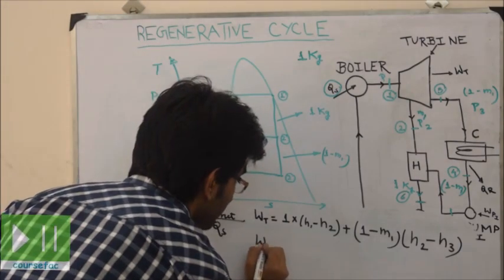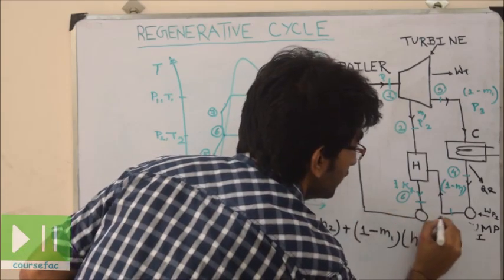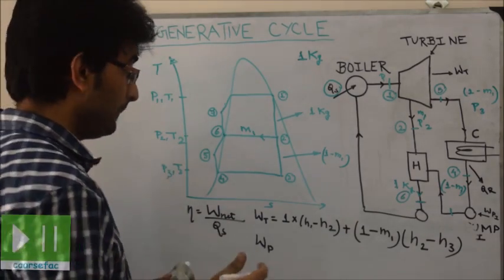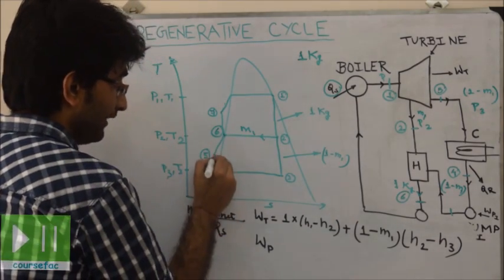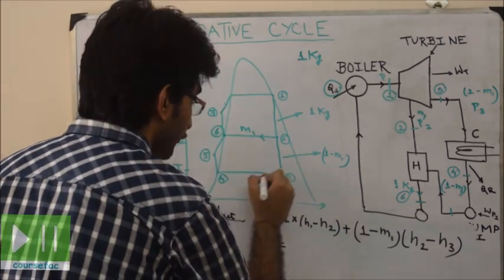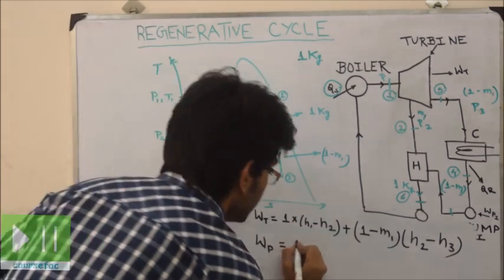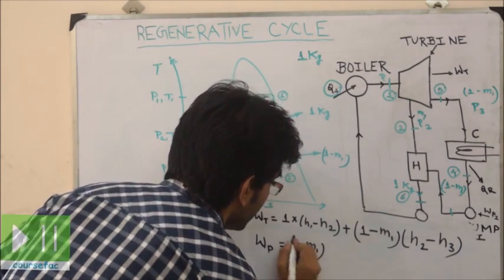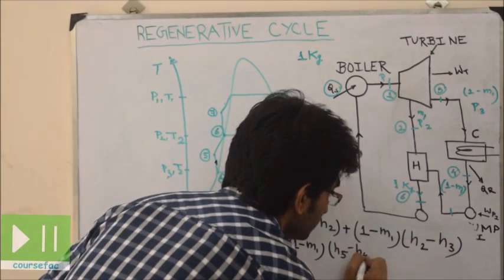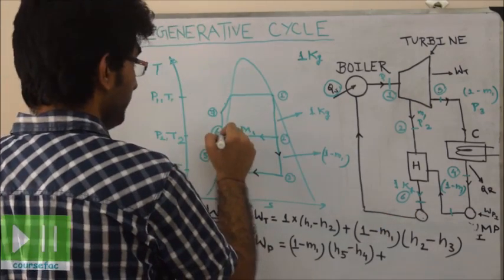Now work done by pump, we have two pumps, pump 1 here and another pump, pump 2 here. So work done by pump is equal to work done by pump 1 plus work done by pump 2, and pumping is along process 4 to 5 and 6 to 7. Along 4 to 5 we have work done by pump equal to 1 minus m1, you can see this 1 minus m1 moves like this, so 1 minus m1 into H5 minus H4, plus work done by pump 2, from 6 to 7.